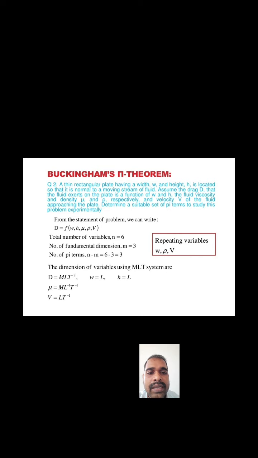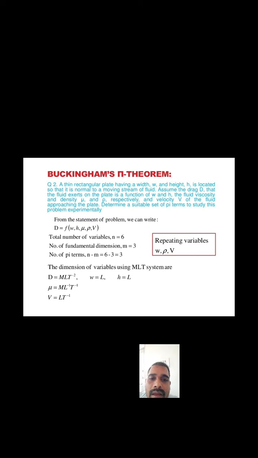Assume the drag D, it is nothing but force, that the fluid exerts on the plate is a function of W, h, the fluid viscosity and density mu and rho respectively, and velocity v of the fluid approaching the plate. Determine a suitable set of pi terms to study this problem experimentally, right?